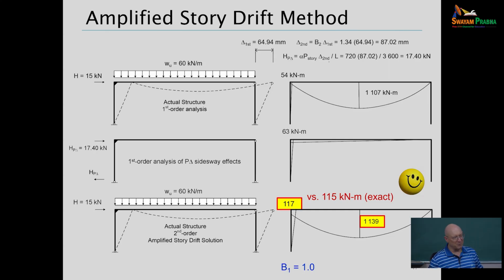And how about the moment at the midspan of the beam? That we can just get from statics, given the end moments on the left and right ends of the beam. That's 1139. Well, the exact is 1138, so not too shabby. And this is basically a non-iterative B P large delta analysis, if you are familiar with some of the things in the literature.